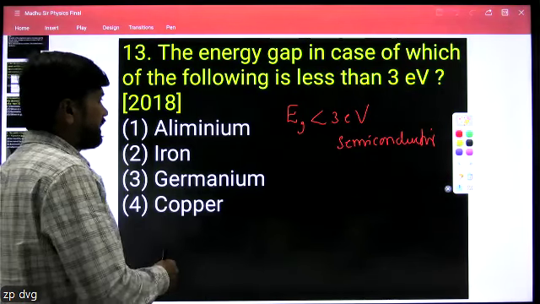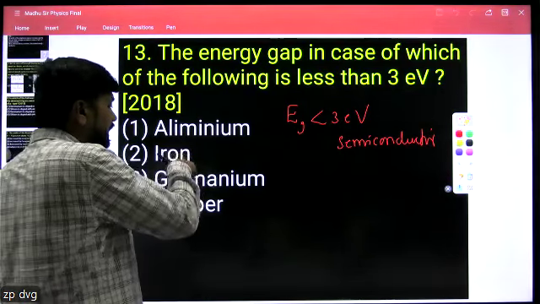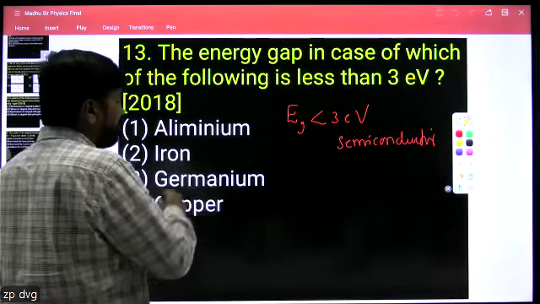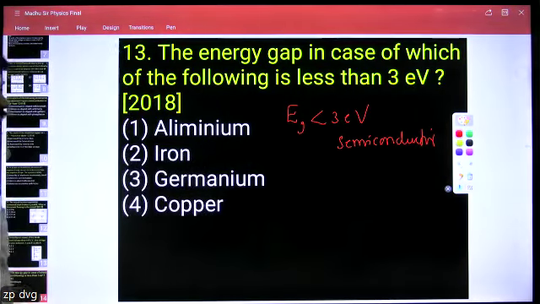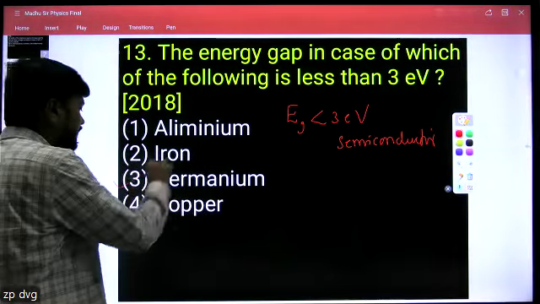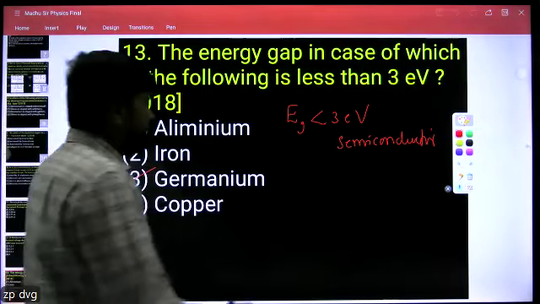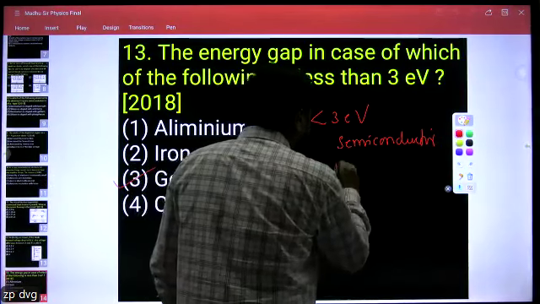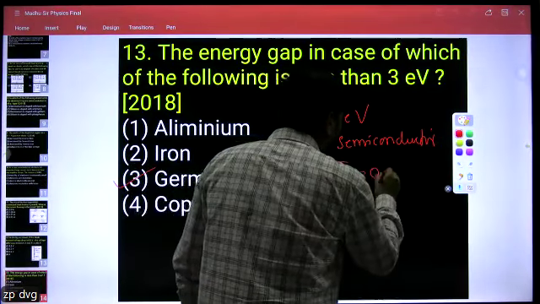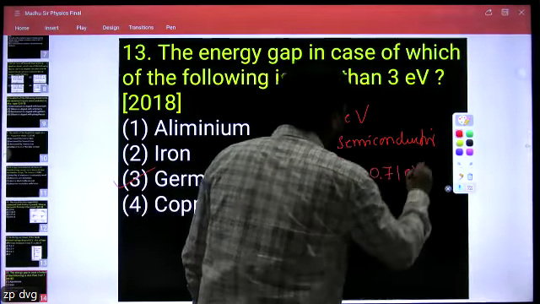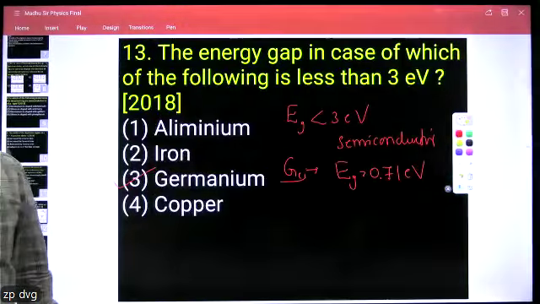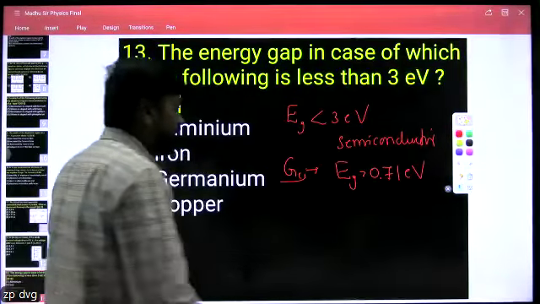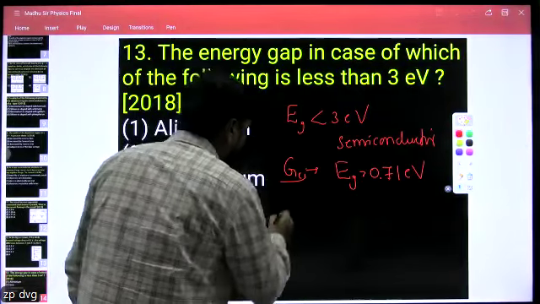ನಿನ್ನೆ ಕ್ಲಾಸಲ್ಲಿ ಡಿಸ್ಕಸ್ ಮಾಡಿದ್ದೀನಿ. ಇಲ್ಲಿ ಅಲ್ಯೂಮಿನಿಯಂ, ಐರನ್, ಜರ್ಮೇನಿಯಂ ಅಂಡ್ ಕಾಪರ್ ಕೊಟ್ಟಿದ್ದಾರೆ. ವಿಚ್ ಒನ್ ಈಸ್ ಸೆಮಿಕಂಡಕ್ಟರ್? ಜರ್ಮೇನಿಯಂ. ಜರ್ಮೇನಿಯಂಗೆ ಎನರ್ಜಿ ಗ್ಯಾಪ್ ವ್ಯಾಲ್ಯೂ ಎಷ್ಟು? 0.71 electron volt.